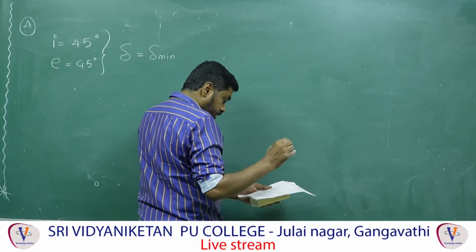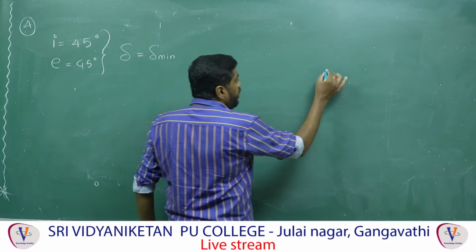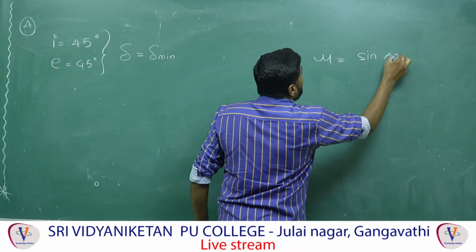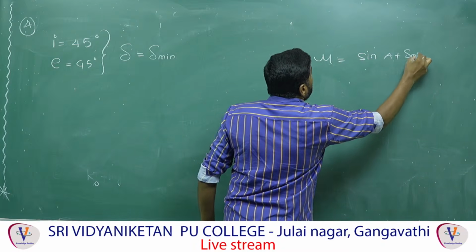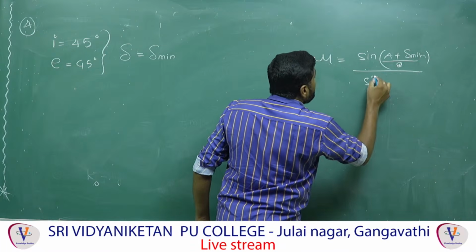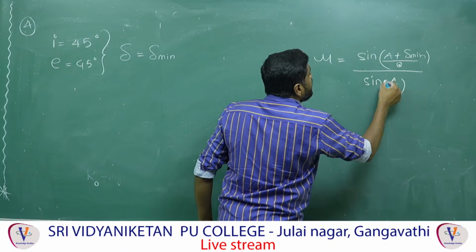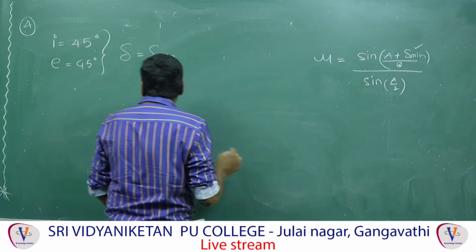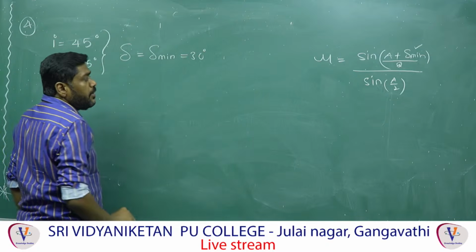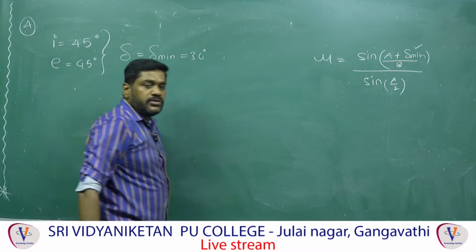The refractive index formula, which you know, is mu is equal to sine of (A plus delta minimum) by 2, divided by sine of A by 2. Here delta minimum is the angle of deviation, 30 degrees, given. The only thing is how to find the value of A.